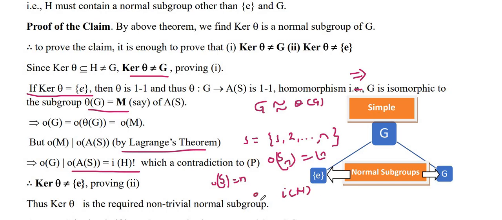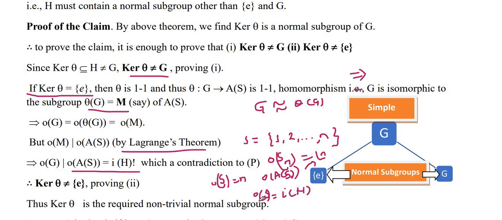So order of S being n, we have order of S_n being n factorial. Here order of S is I(H). A of S is denoted as S_n when we have S consisting of n elements; the general notation is A of S. So if S has n elements, A of S has n factorial elements.